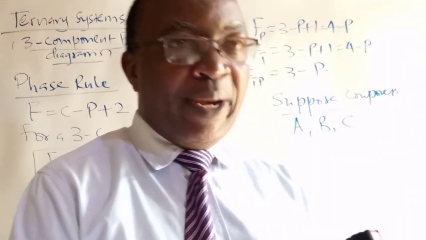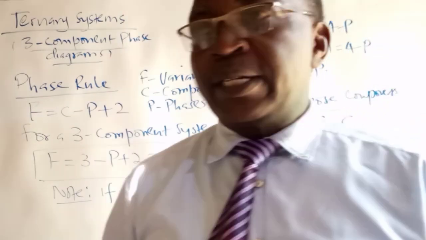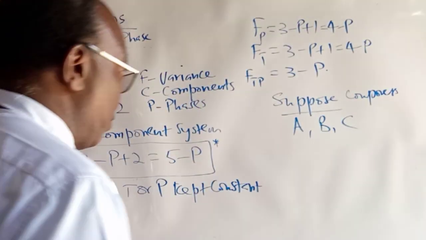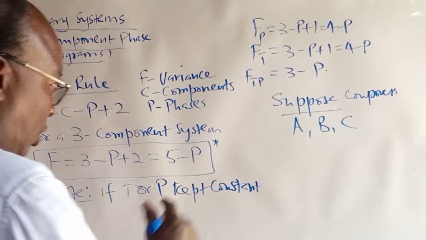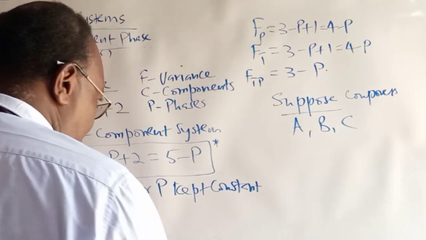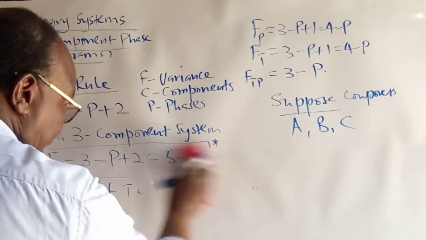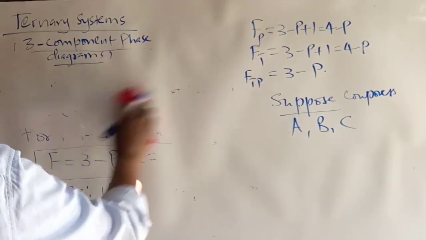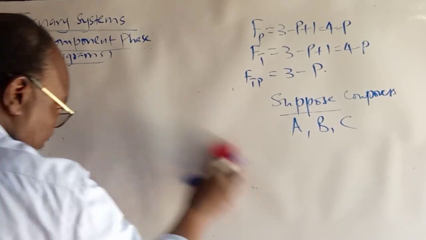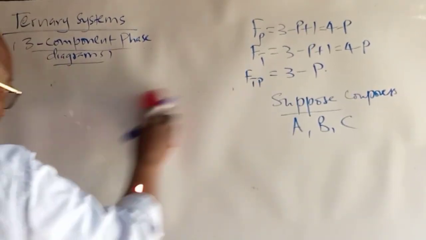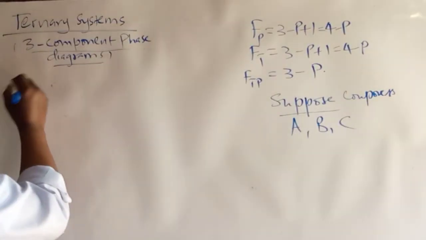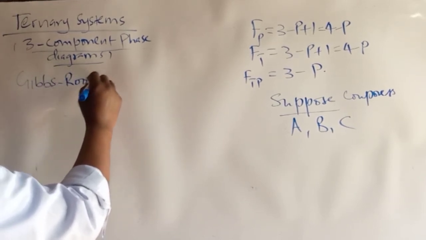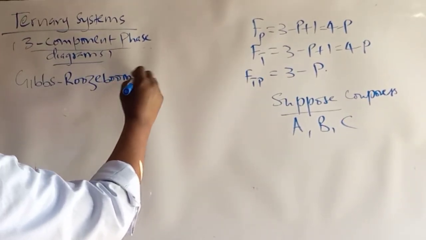This triangle is purely an equilateral triangle, and you know an equilateral triangle has equal sides, and the angles are 60 degrees. We have those three components A, B, and C, and we represent them with Gibbs-Roozeboom triangular diagrams.